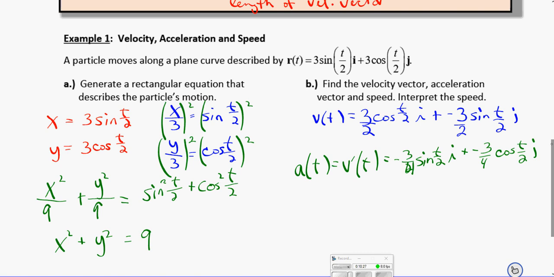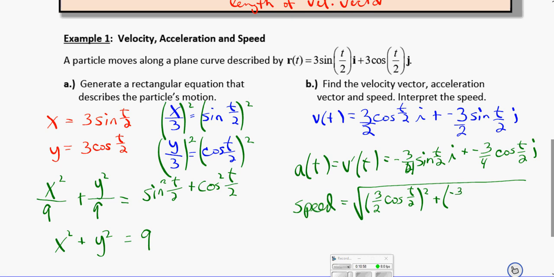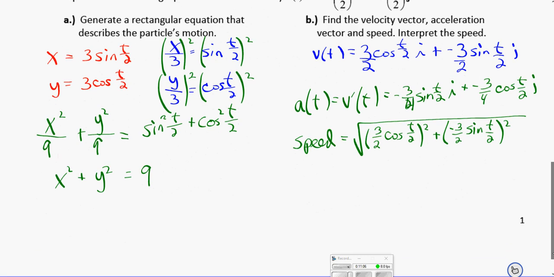And the speed. Speed is the square root of the horizontal component of the velocity vector squared plus the vertical component of the velocity vector squared, and there it is.